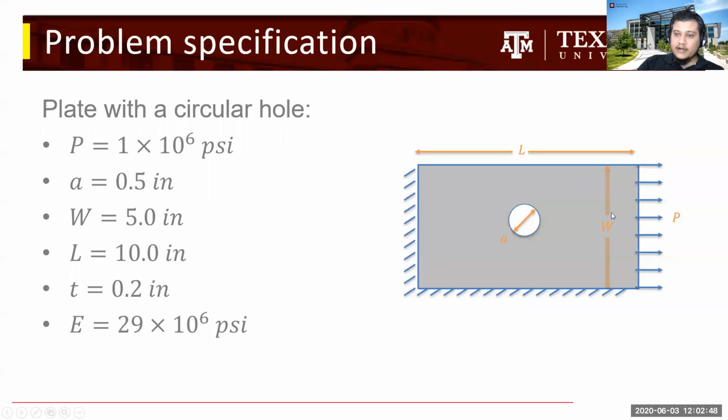And the rate of application of load, we are not bothered about that either. So this particular problem is a quasi-static problem. Although there are going to be some displacements happening there, we are assuming that they are going to be happening at such slow speeds that they don't have any kind of dynamic responses added to them.